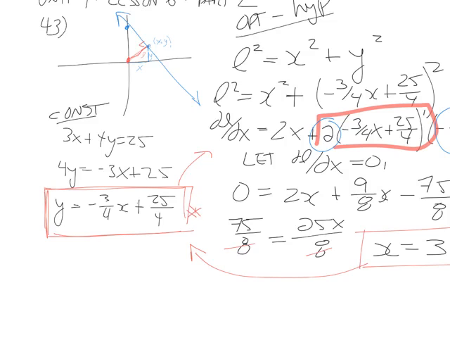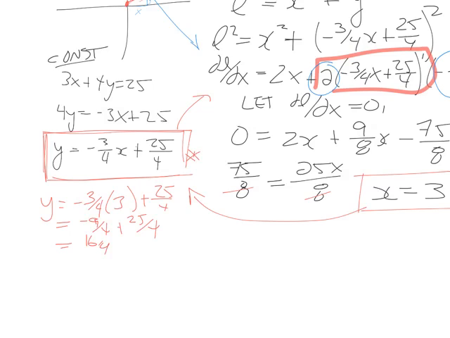Finishing this off, y equals negative 3/4 times 3 plus 25 over 4. So we get negative 9/4 plus 25 over 4, so that's 16 over 4, or also 4.